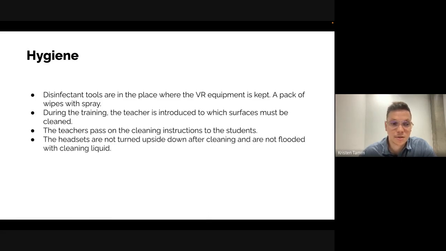And since there are electronic components in the VR device, you shouldn't turn the headset upside down after cleaning. So after you put some liquid on it, and in general, even after heavy use, when students might sweat, it's not a good idea to turn the headset upside down, because moisture might get into the electronic components.